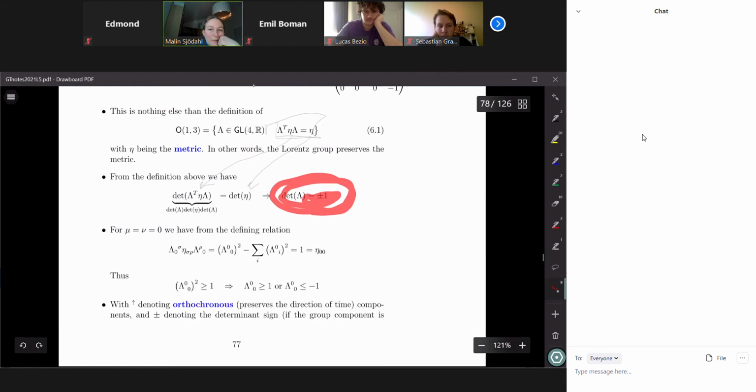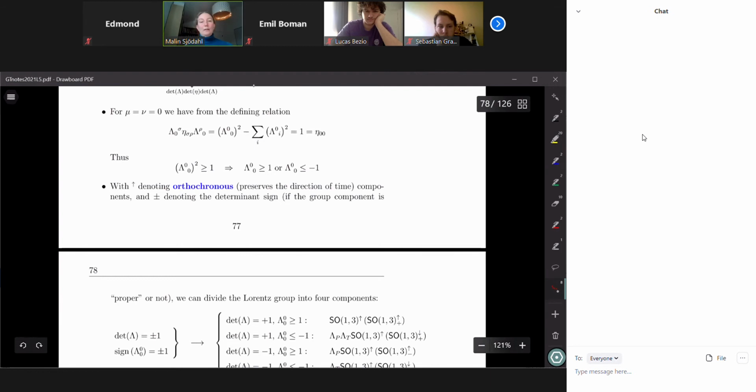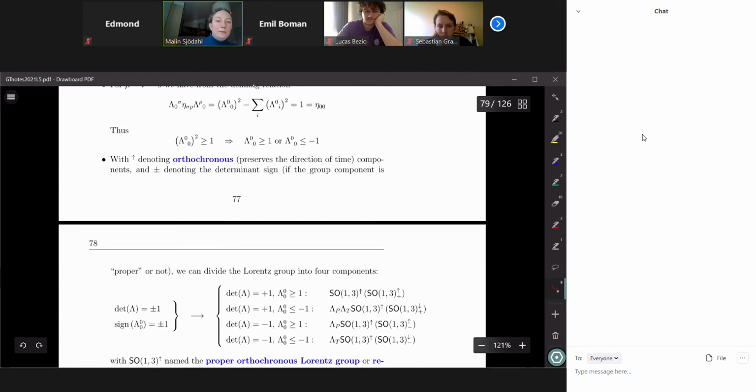So the determinant could be plus minus 1, and this guy can be larger than or equal to 1, or smaller than or equal to minus 1. Okay, so we define then, and we draw it with an upper arrow, the orthochronous component, which preserves the direction of time, of the Lorentz group.